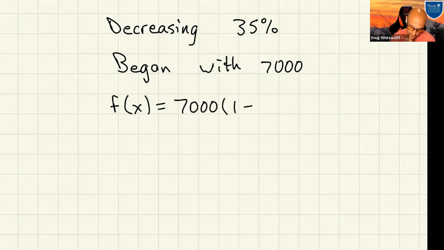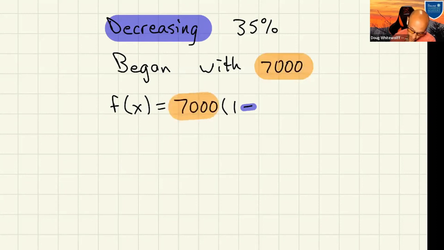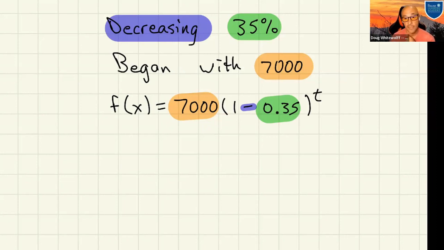And then we have 1 and then subtract, because we have a decreasing function, that tells us it's got to be a subtraction. Here I can highlight these other values. The 7,000 is right there. And then the 35% tells us that this is going to be 0.35. Right there. And now it's going to be to the power, and they often use t for time as well. Doesn't really matter one way or the other. And in this case, it's daily.